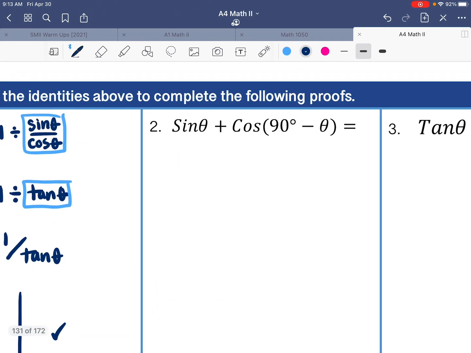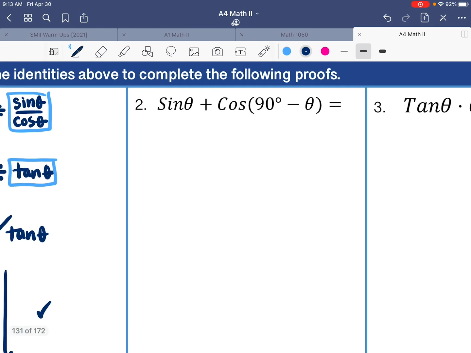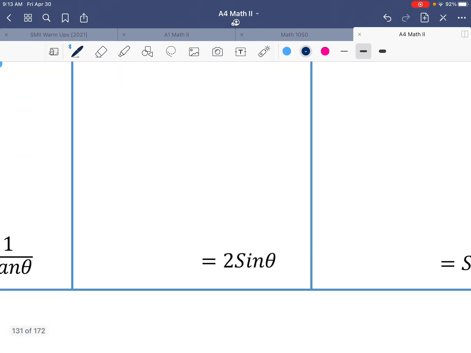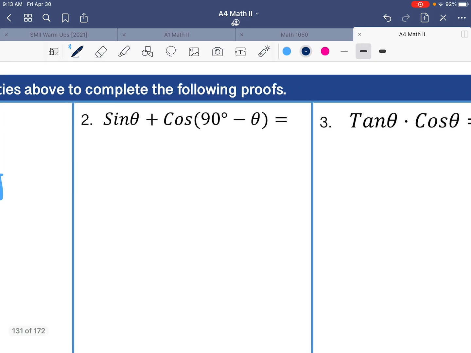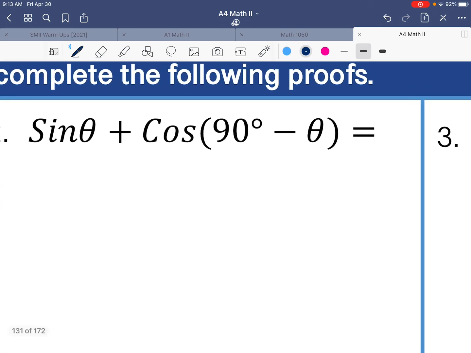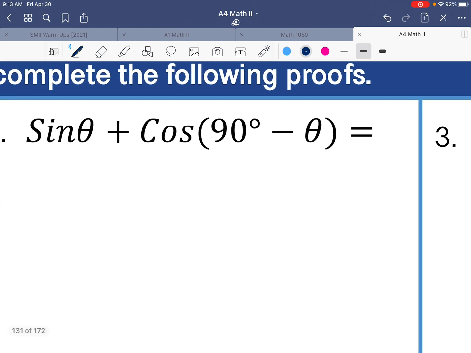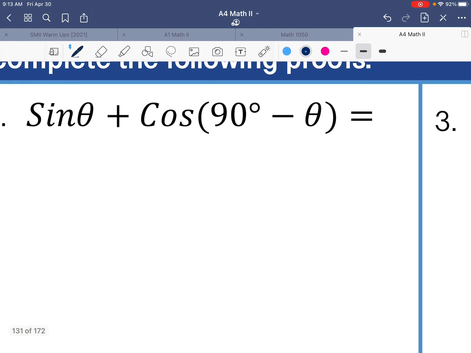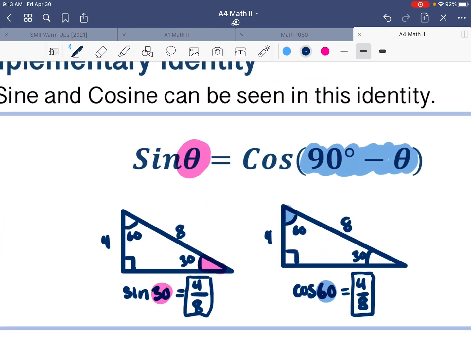So, sine of theta plus cosine of 90 minus theta is equal to 2 times sine of theta. I will just point out here that we have the complementary identity going on here. Cosine of 90 minus the angle is the same thing as sine of theta, right? That's what this says.